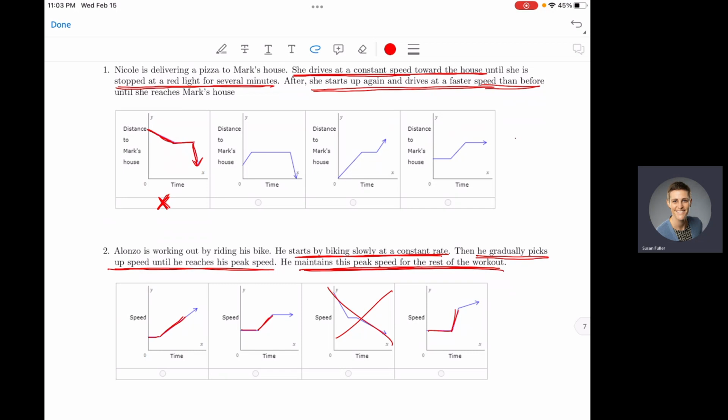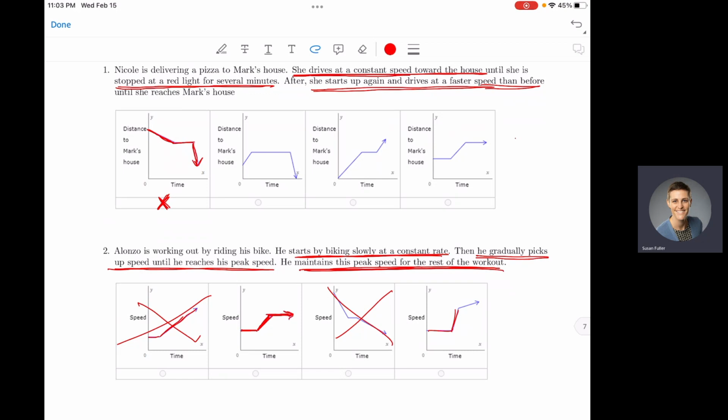And your speed is going to stay constant and it's not going to change if you maintain a speed. So this one never stops increasing. So that's not the one that we want. This one levels out. This looks good to me. Here's where he starts. He picks up speed until he reaches his max and then he stays there. That looks good to me.